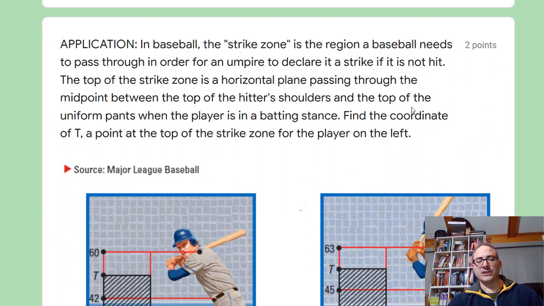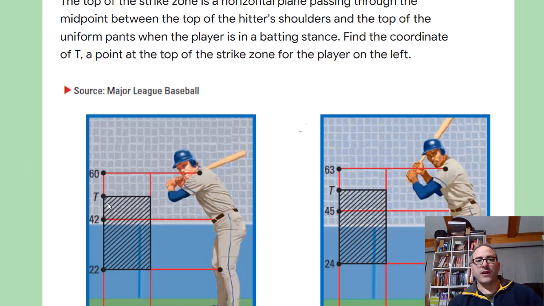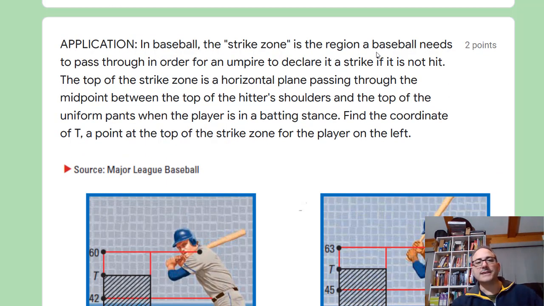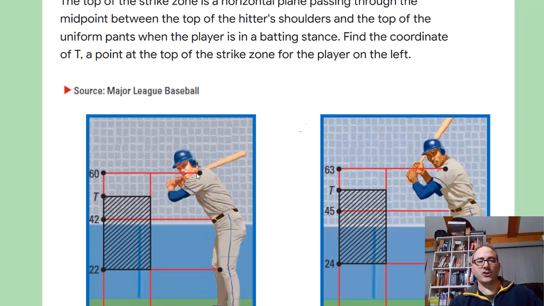And in application for baseball, so some of this geometry stuff is also used in baseball. Who knew? So apparently, in baseball, you have to throw a strike, and a strike zone is defined as the top is the horizontal plane passing through the midpoint between the top of the hitter's shoulders.